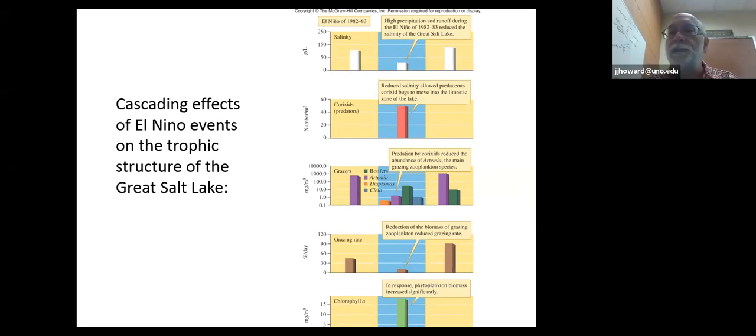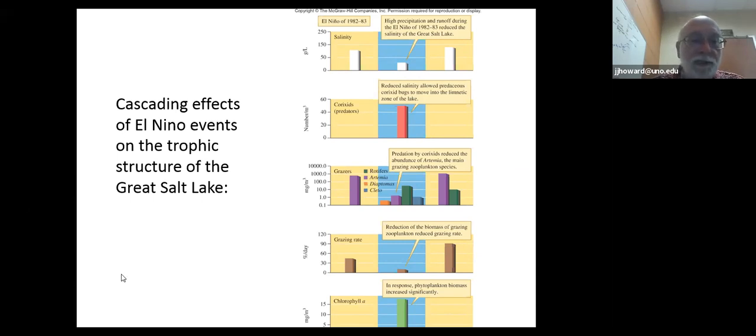High rainfall in El Nino caused a change in the trophic structure of the Great Salt Lake, causing an algal bloom that was smellable all the way in Salt Lake City, much to the dismay of the people living there. As that plankton rotted, it was a bad scene.